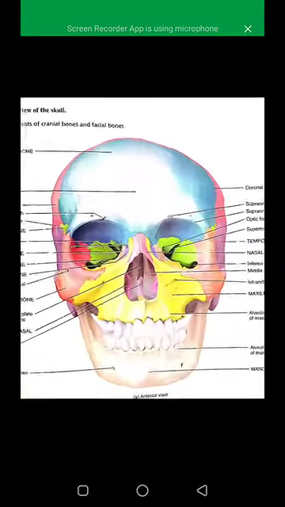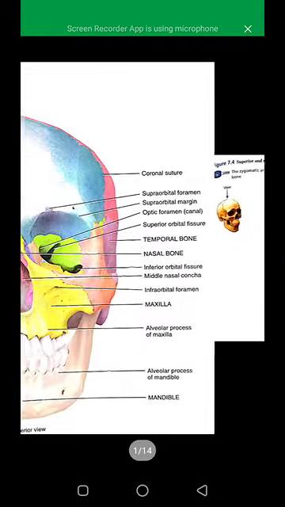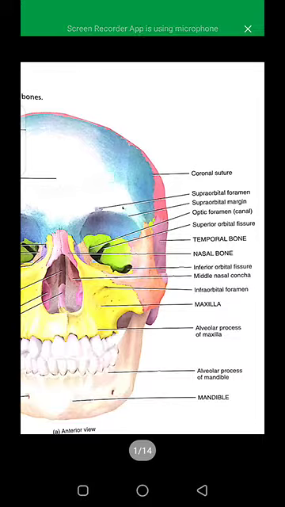Now below the supraorbital foramen is the supraorbital margin. Now below the margin you can see the optic foramen, from where the optic nerve passes. Then there is the superior orbital fissure.